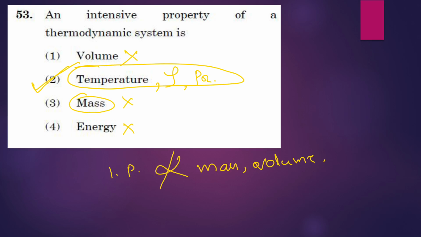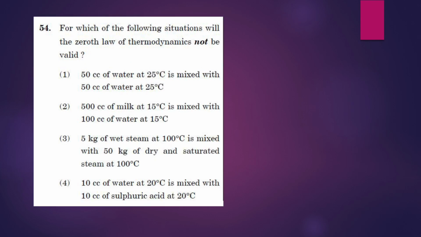For which of the following situations will the zeroth law of thermodynamics not be valid? Option 1, 50 cc of water at 25 degrees Celsius is mixed with 50 cc of water at 25 degrees Celsius. So water and water, this is correct.